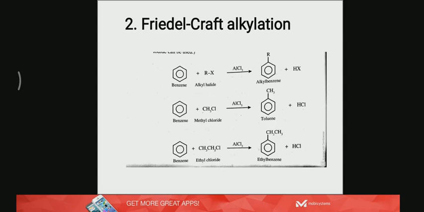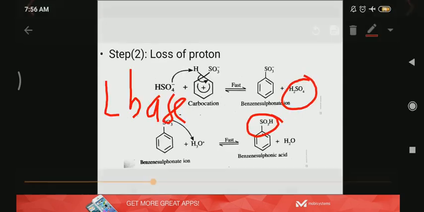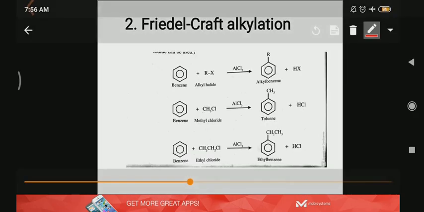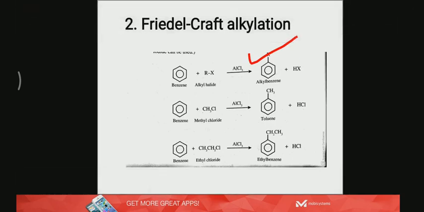So if RX is used, it forms alkyl benzene. Taking a specific example, if we take methyl chloride or chloromethane and AlCl3, you get a methyl group substituted here, and we call that toluene.